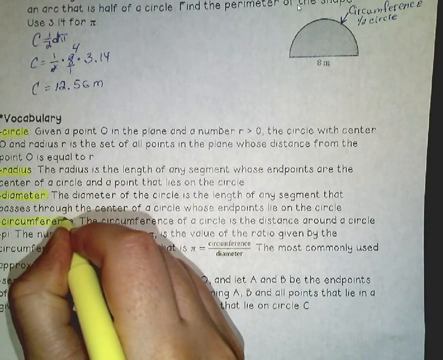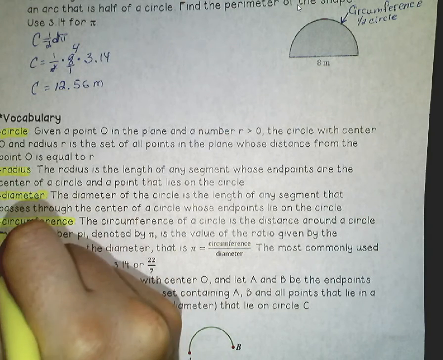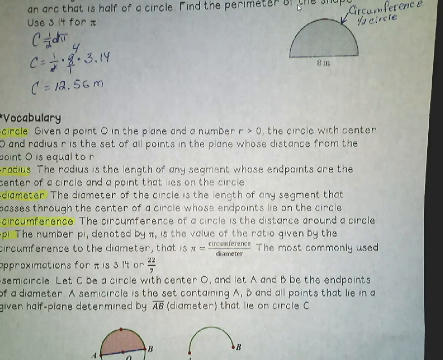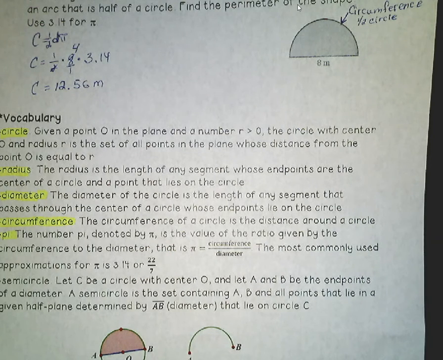Circumference of a circle is the distance around a circle. Pi, denoted by the Greek letter pi, is the value of the ratio given by the circumference to the diameter.